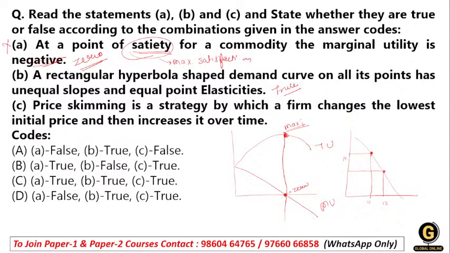Next statement: price skimming is a strategy by which a firm charges the lowest initial price and then increases it over time. Isn't it true? In price skimming, the company charges the highest price in the initial period, then gradually reduces its price.